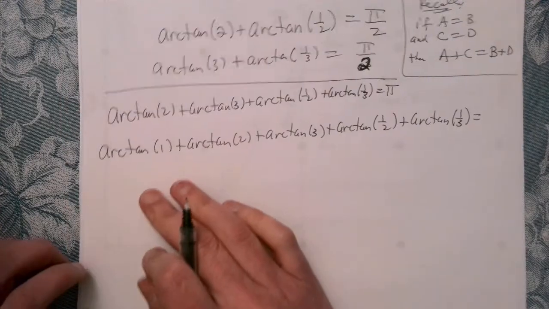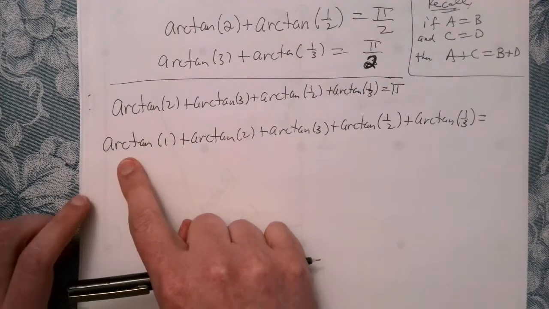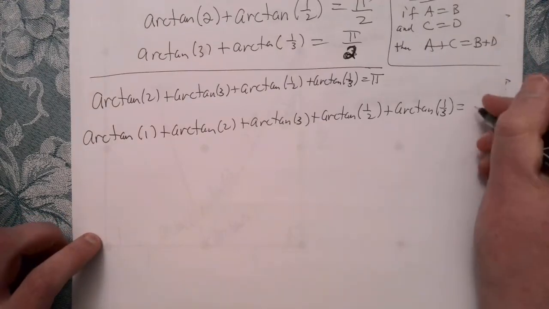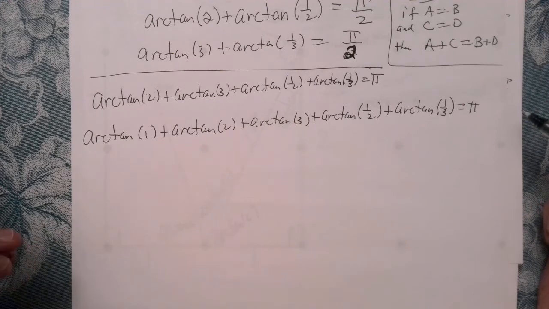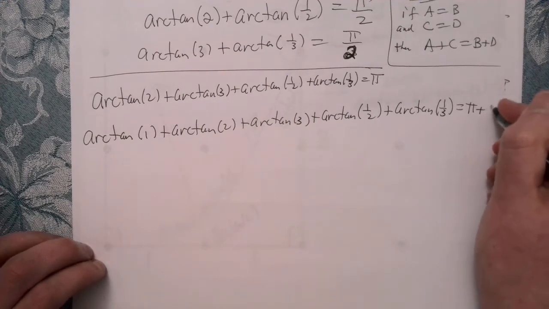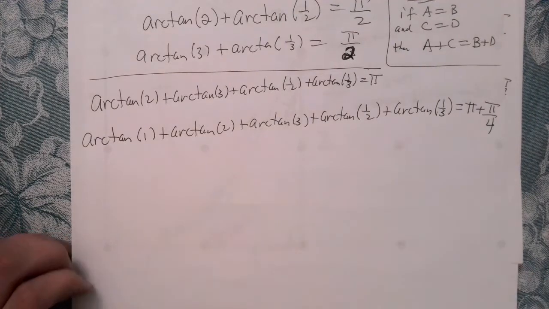So I'm adding the arctan of 1 to both sides, but what is the arctan of 1? The arctan of 1 is pi over 4. So instead of writing arctan of 1 on the right, which I could, I'm going to write pi over 4. They're the same thing, right? They're equal.